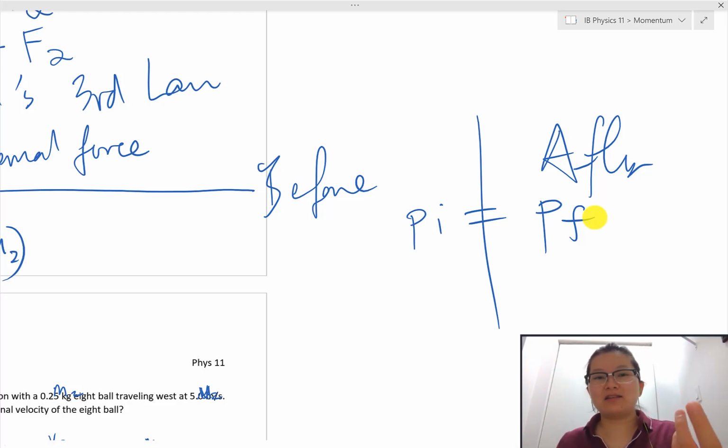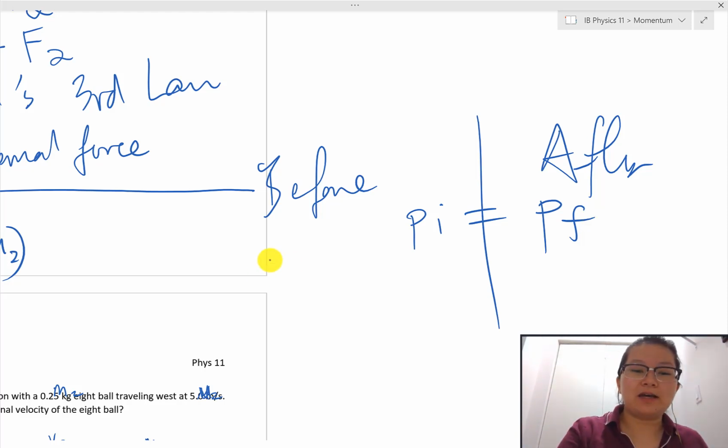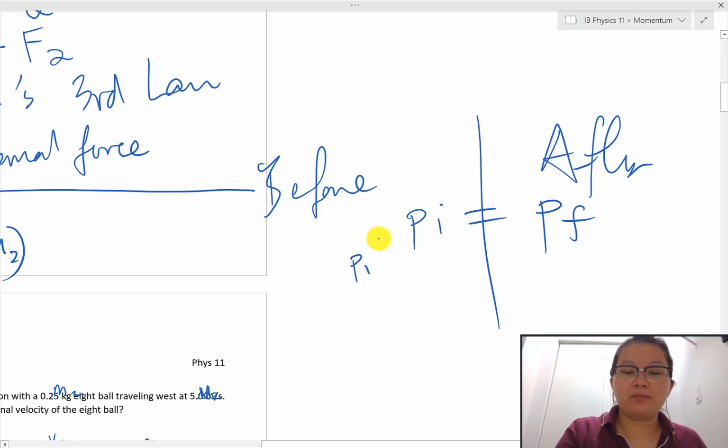And we know that initial momentum is just the sum of the momentum of both objects in your system. So then I can just say that is, let's just write it out, momentum initial of mass 1 plus momentum initial of mass 2 is equal to the momentum final of mass 1 plus the momentum final of mass 2.